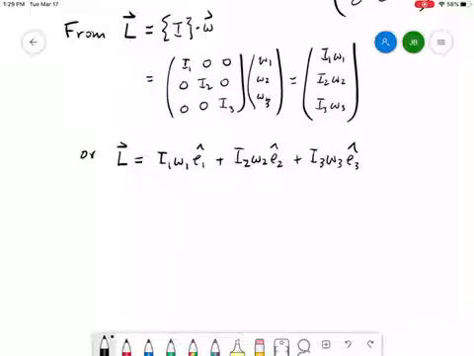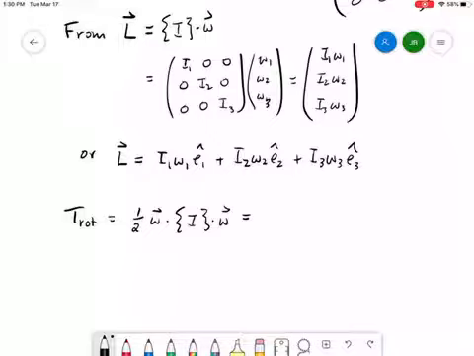We could also write down a relatively simple expression for the rotational kinetic energy. The way we calculated rotational kinetic energy was the following. It is 1/2 omega dot the inertia tensor dot omega again, where the omega on the left, in matrix notation, would be a row vector, and the omega on the right would be a column vector.